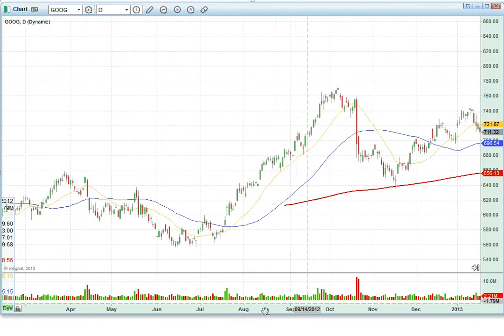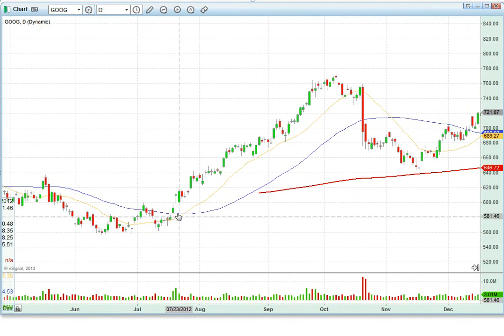And notice how you can see these trends, how here we entered a trend around the 17th of July in 2012, and the stock has pretty much remained above this 10 moving average all the way until October, until it finally broke.